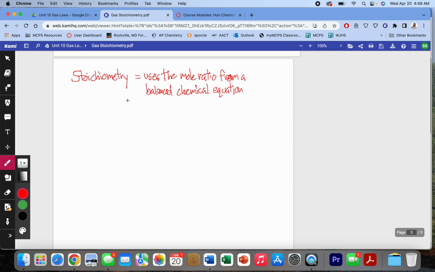Stoichiometry is like when you have some reaction such as burning propane: I have C3H8, which is propane, and it is a gas, and I am adding oxygen, which is also a gas, and I am going to convert it into CO2, which is a gas, and water vapor, which is also a gas. And now we have stoichiometry with gases, and we would use our balanced chemical equation.